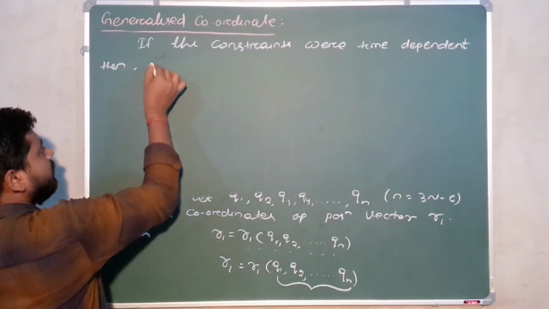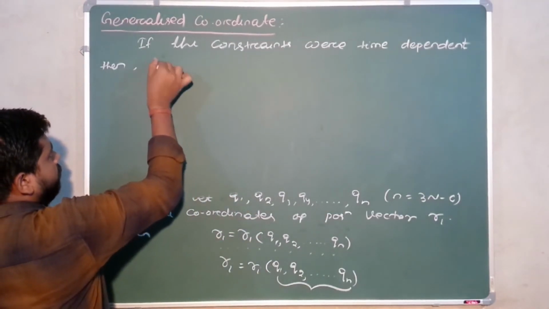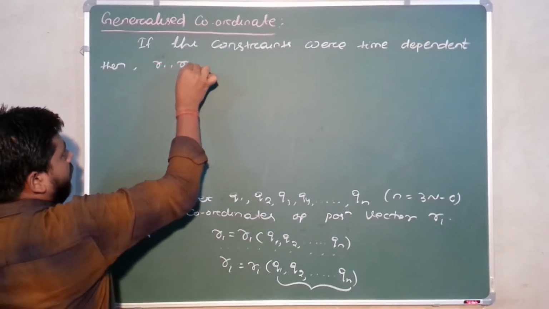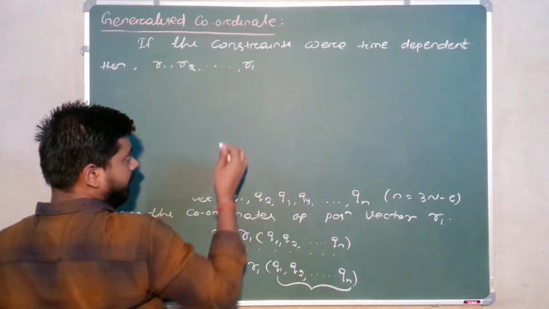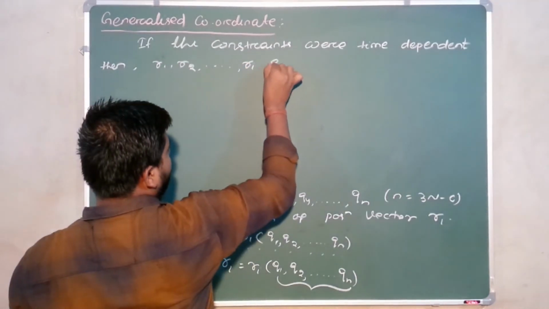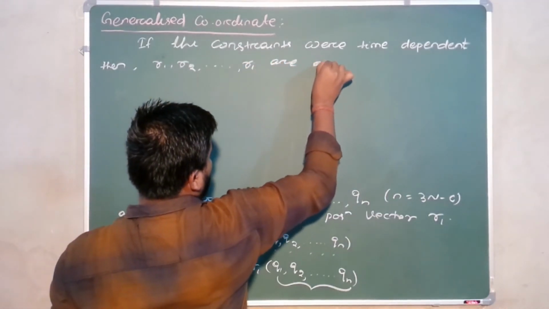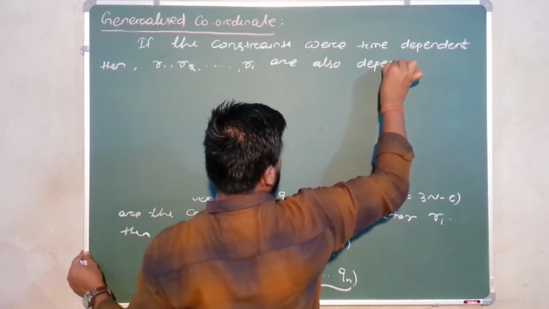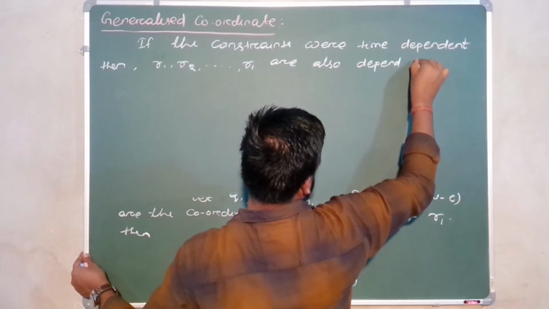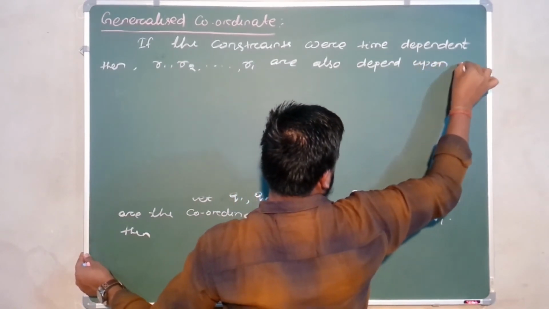Then here you can write r1, r2, so on up to ri are also dependent upon time.